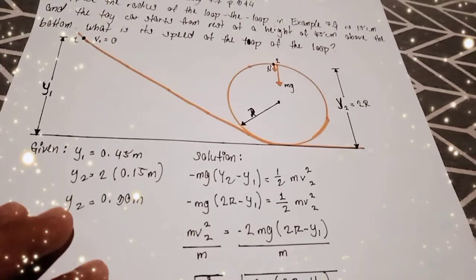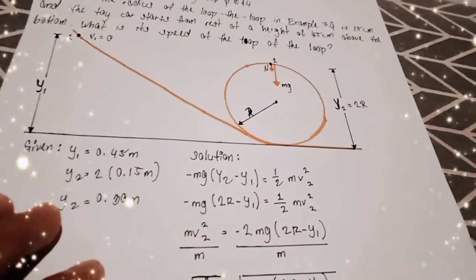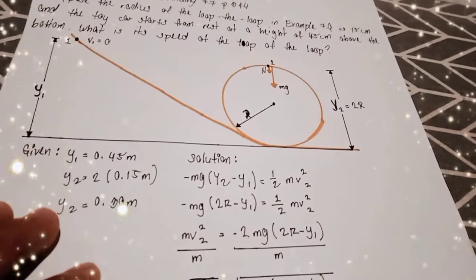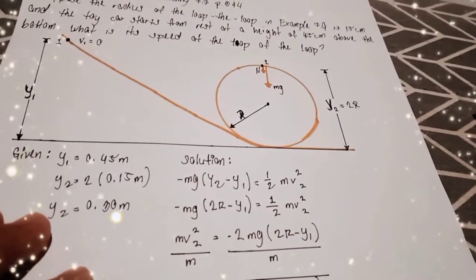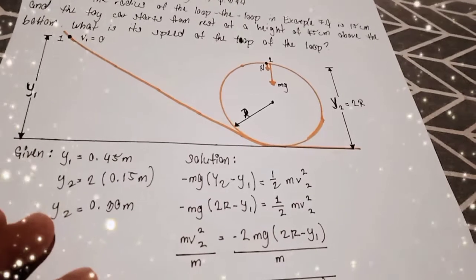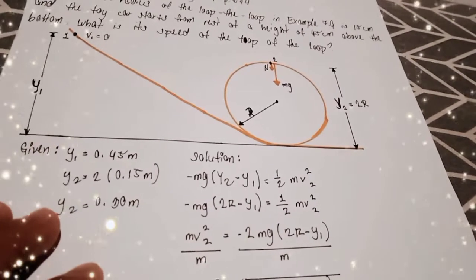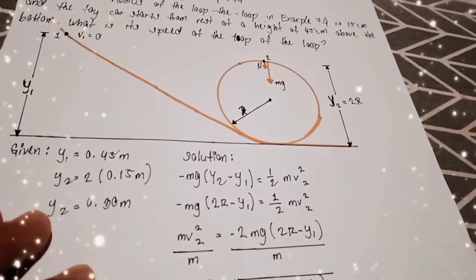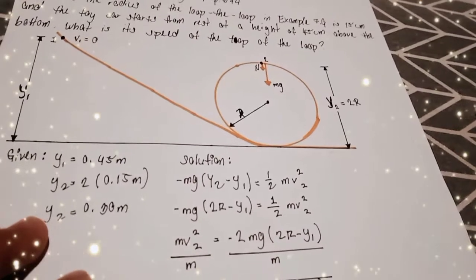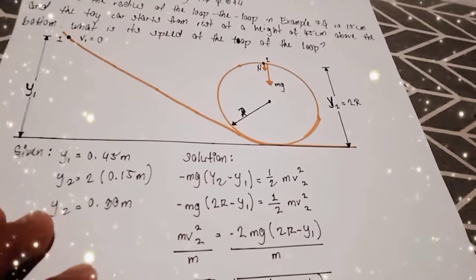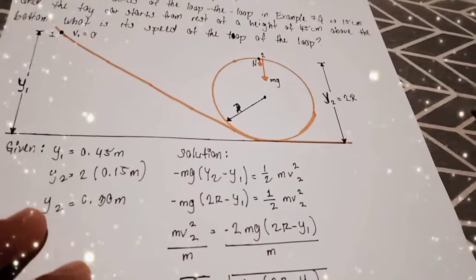Then our solution is negative mg times the quantity y sub 2 minus y sub 1 equals 1 half m v square sub 2. Negative mg times the quantity 2r minus y sub 1 equals 1 half m v square sub 2.